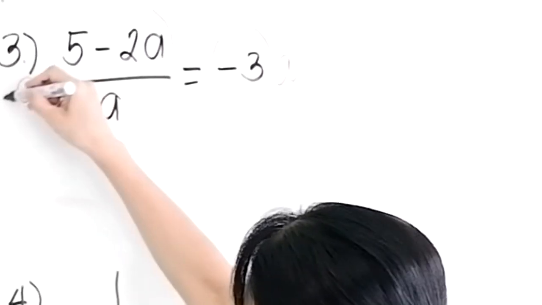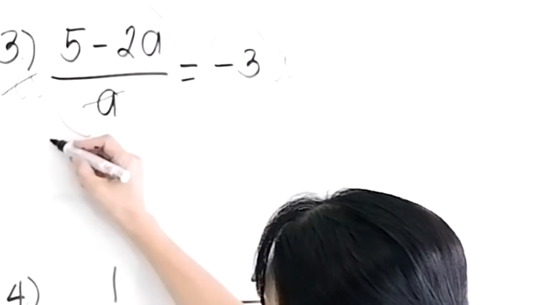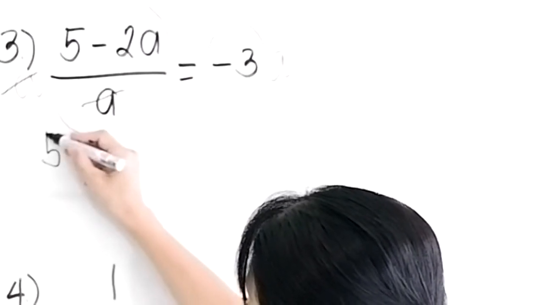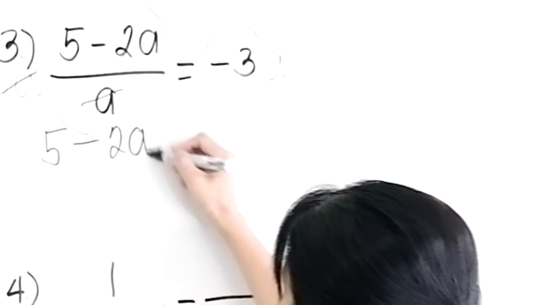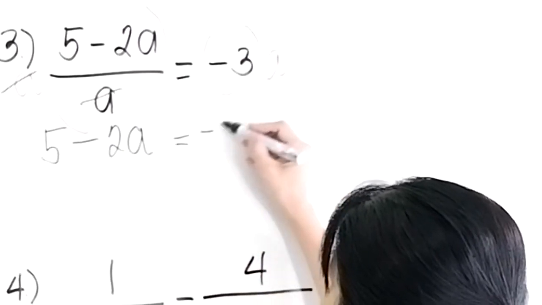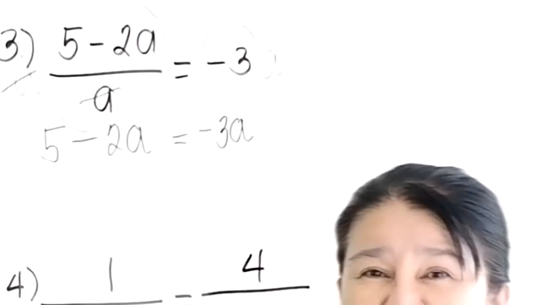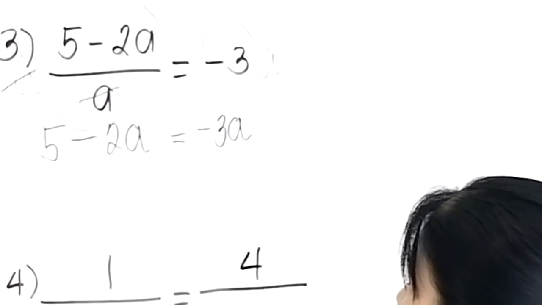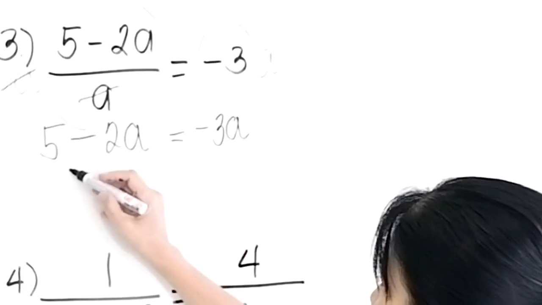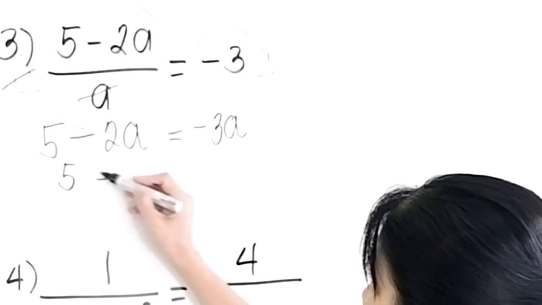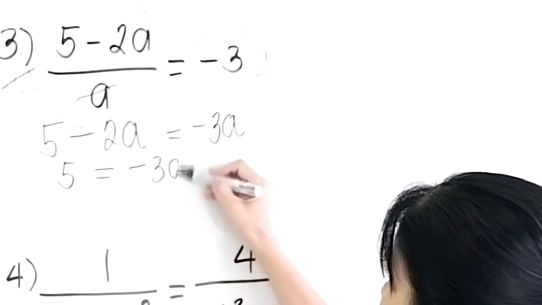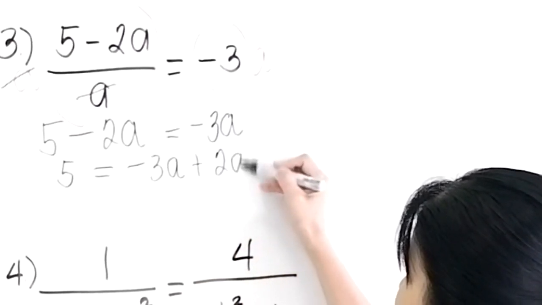You see that this cancels with this, so you're left with 5 minus 2a is equal to negative 3a. Combine all the a's on one side, so we have here 5 is equal to negative 3a plus 2a.